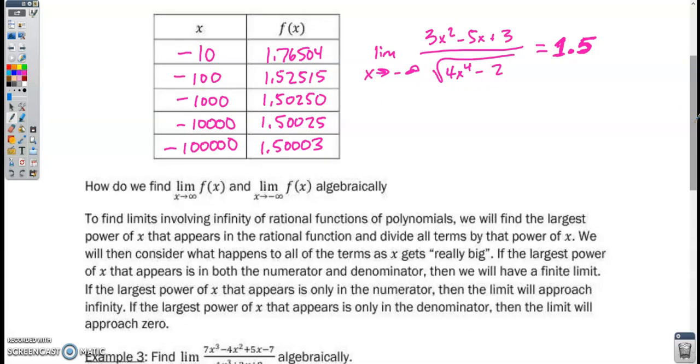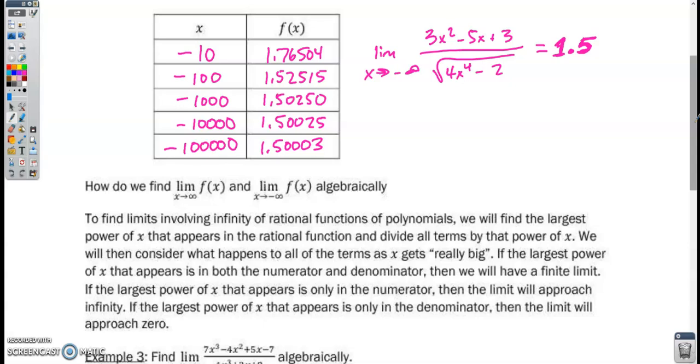A lot of times you're just going to consider what happens when x gets really, really big, or really, really big in a negative direction. But a very common limit that we find algebraically as x goes to infinity are rational functions. Those are very interesting functions for us when we're looking at limits approaching infinity. The way I tell people to do this is a little bit different from how some people tell you to do it, but it works just the same.